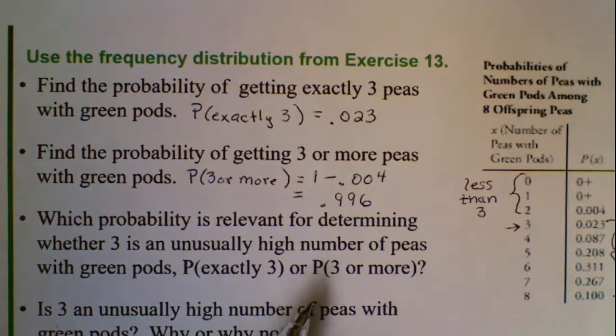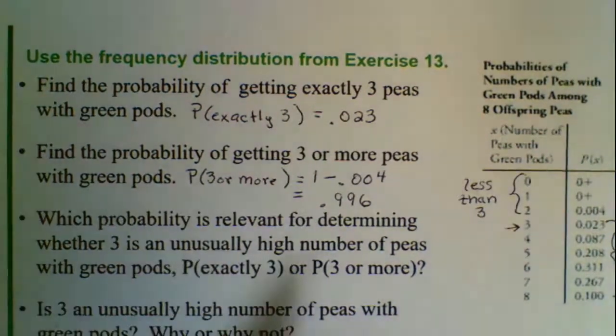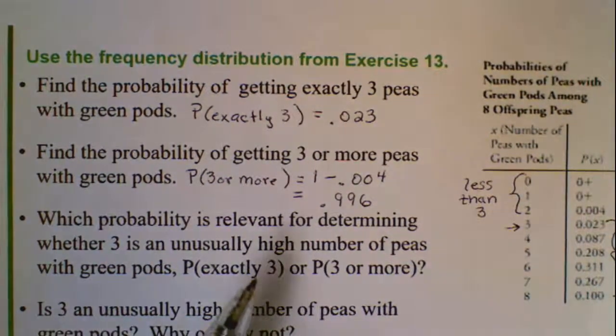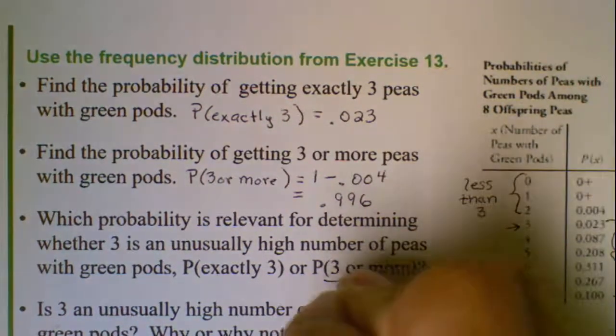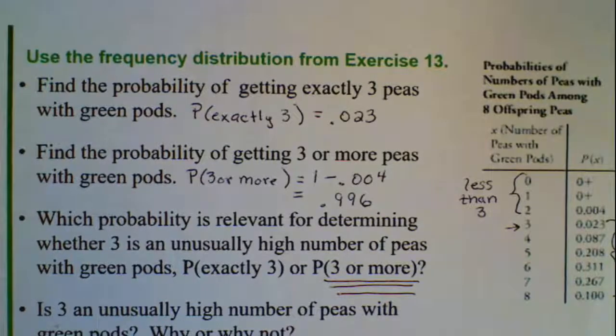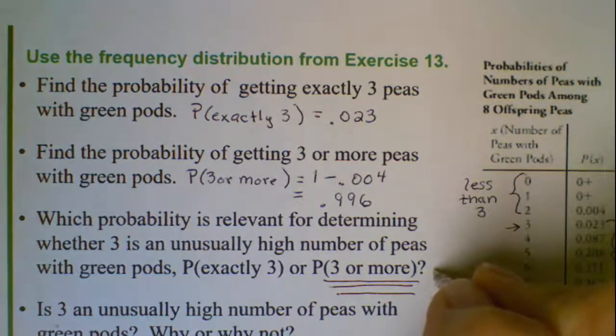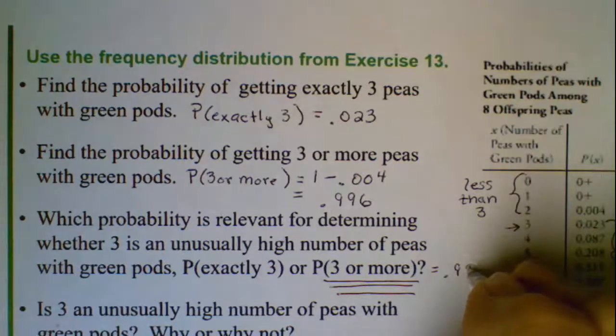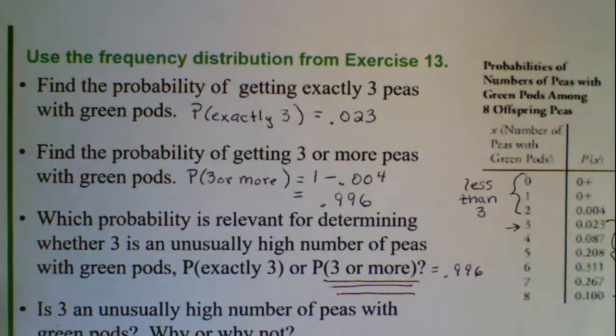If you look back at that, it says X is an unusually high number of peas with green pods if the probability of 3 or more is less than 0.05. Well, the probability of 3 or more is 0.996, and that is not less than 0.05.